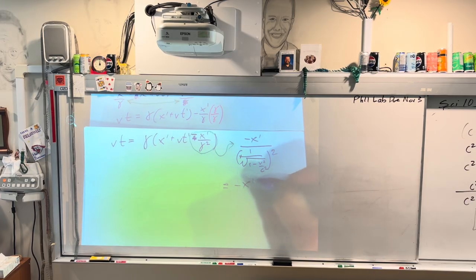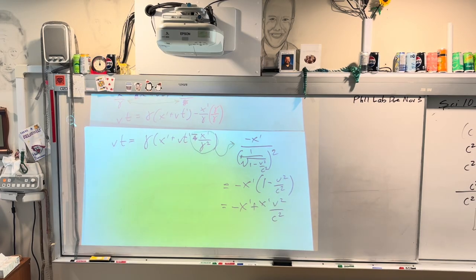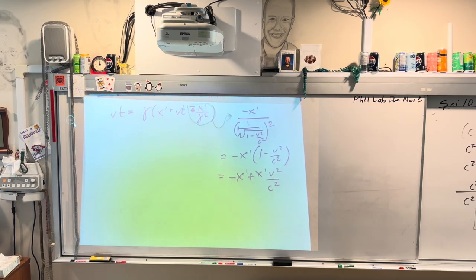That equals negative x prime times 1 minus v squared over c squared. Does that make sense? Because the square takes away the square root, and then we flip it over and it ends up on top. And so that's going to equal negative x prime, if we distribute, plus x prime v squared over c squared. Is that legit? Did I do that right? Yeah.